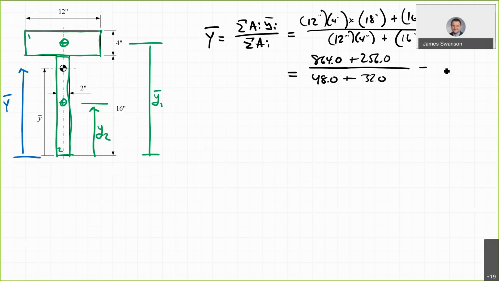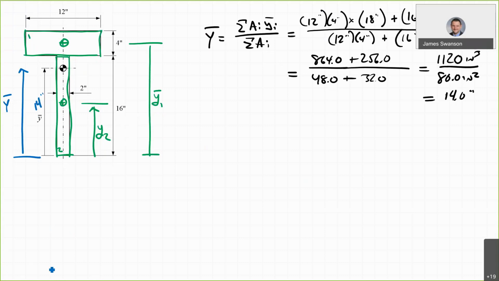And adding those, I get 1,120 inches cubed divided by 48 plus 32, which gives me 80 inches squared, and my value of y bar is equal to 14 inches. Okay, so I know that this value here is 14 inches.